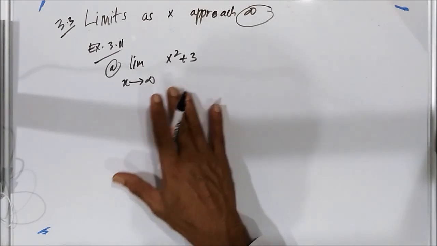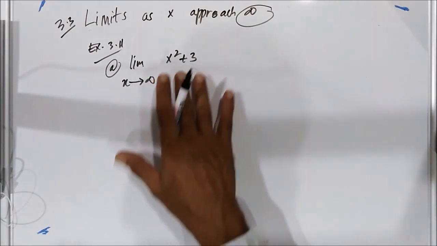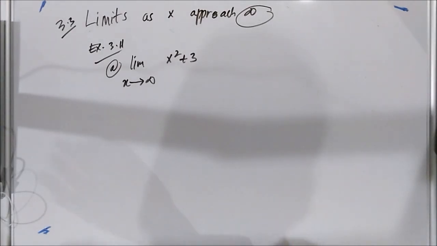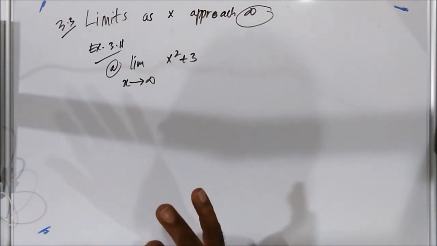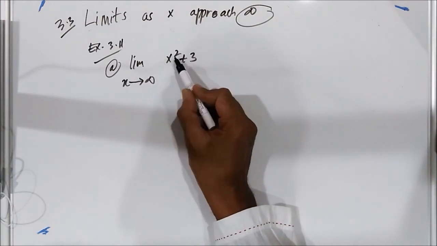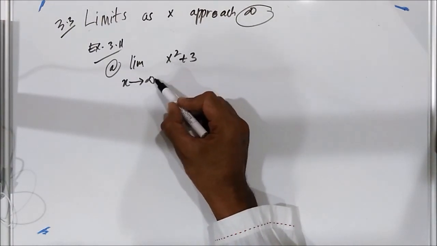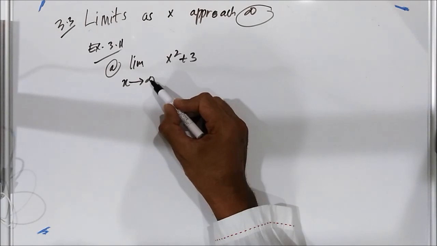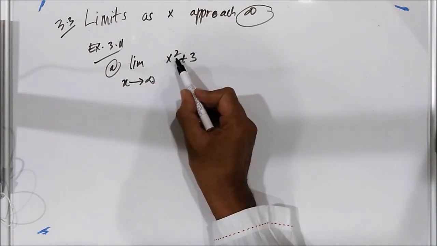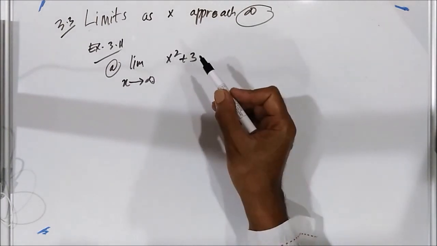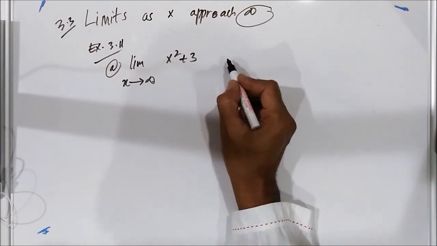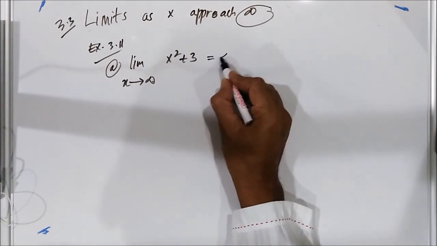So we just substitute infinity into this function. You can imagine infinity is a very large value. You substitute into x squared, a very large value squared becomes a very large value, plus 3 is still a very large value. So the answer here is a very large value, or infinity.